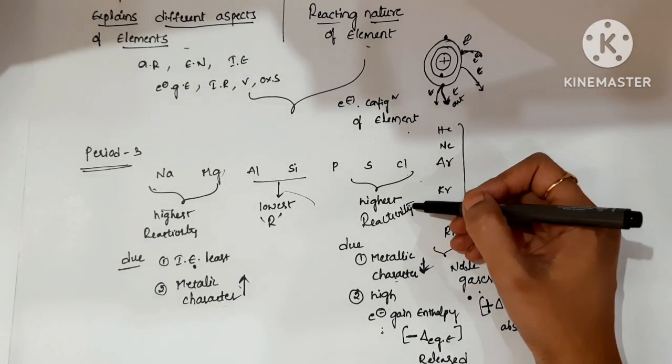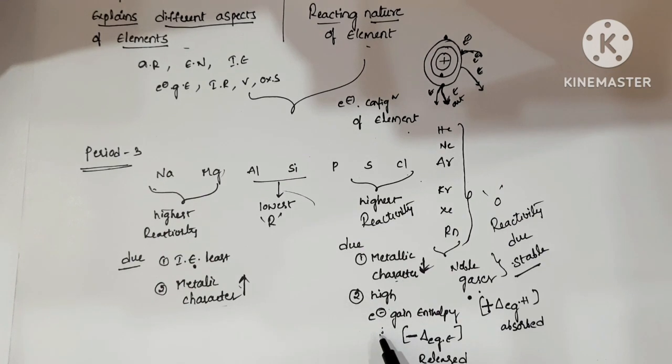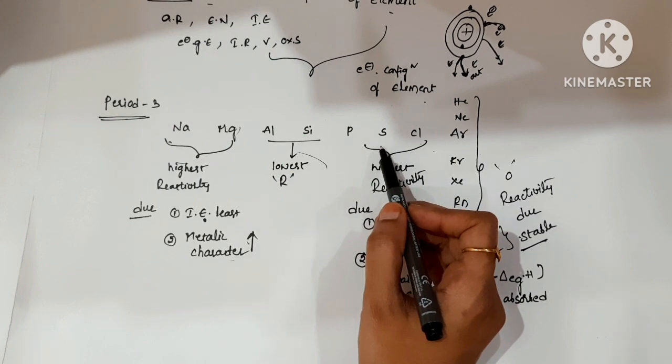So high reactivity is due to the metallic character decreasing here, and the second reason is high electron gain enthalpy. That means so much energy is released when an electron is added to these atoms.